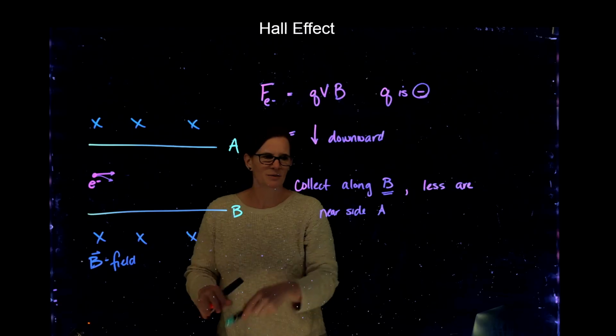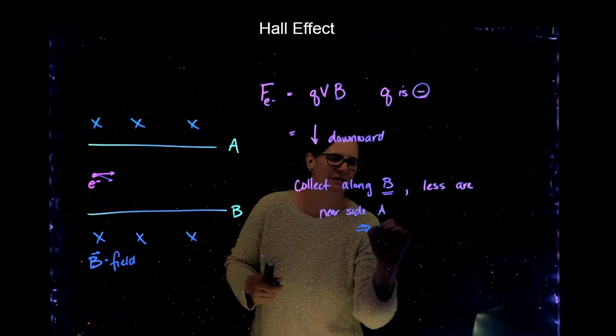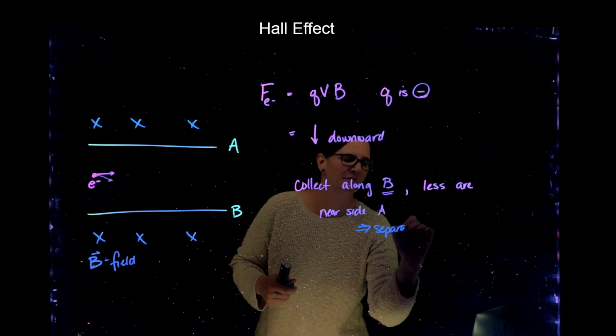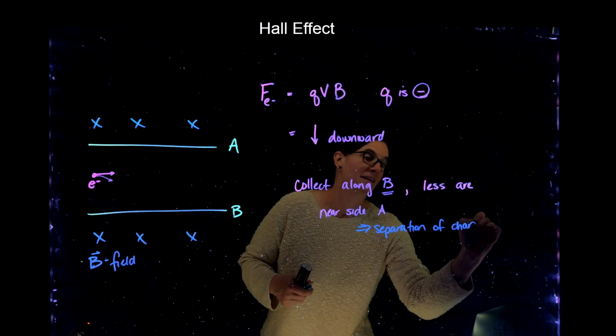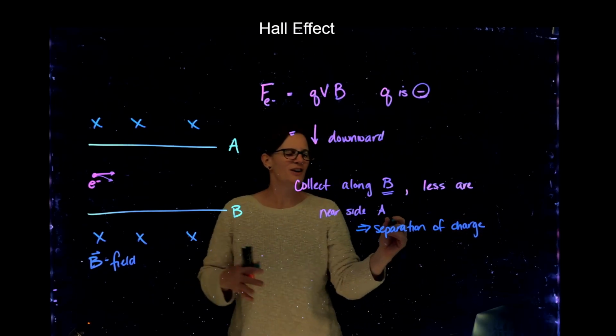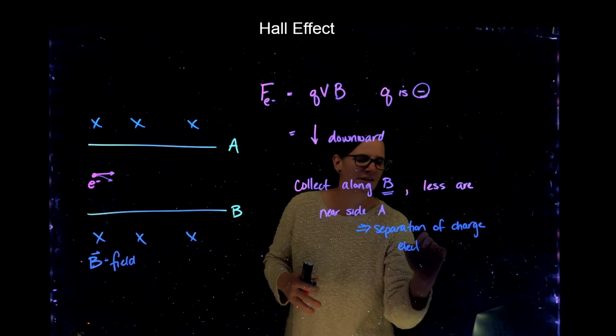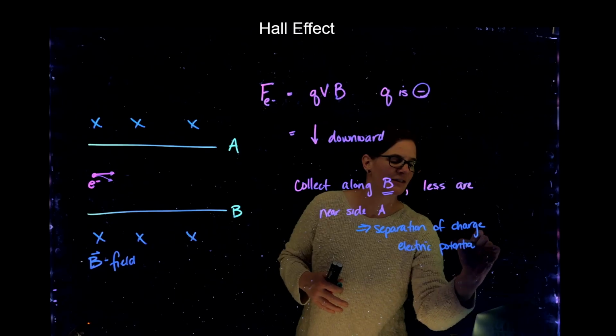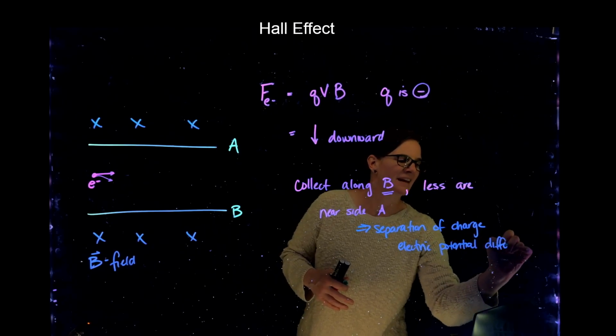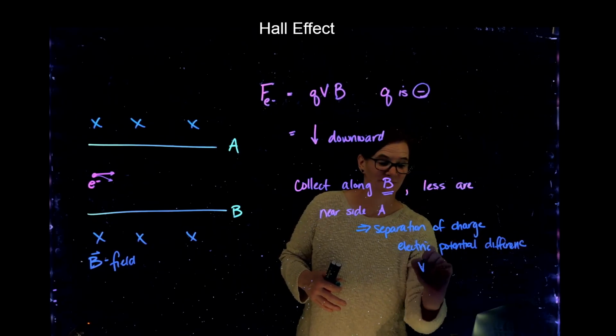Well, this leads to a separation of charge. And what do we call that? Well, thinking back to separation of charge, that's an electric potential. And there's a potential difference here. And I get a voltage.